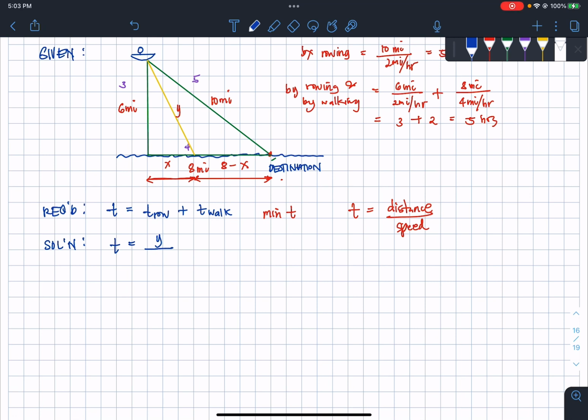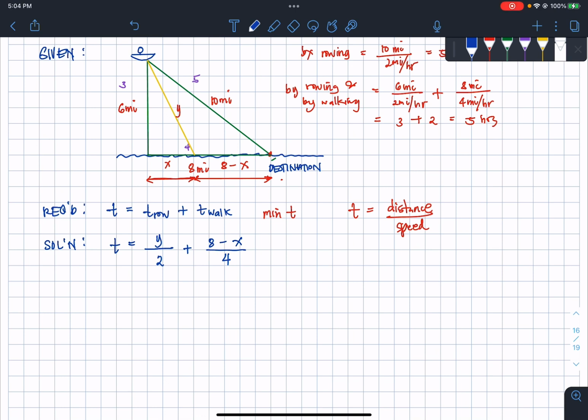The speed when he rows is 2 miles per hour. And then what he will walk is 8 minus x, divided by 4. So that would be our time. Okay, so y all over 2 plus 8 minus x over 4.